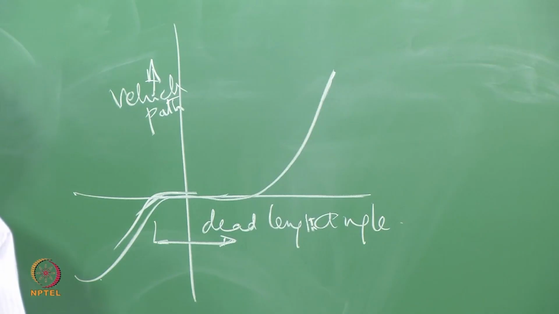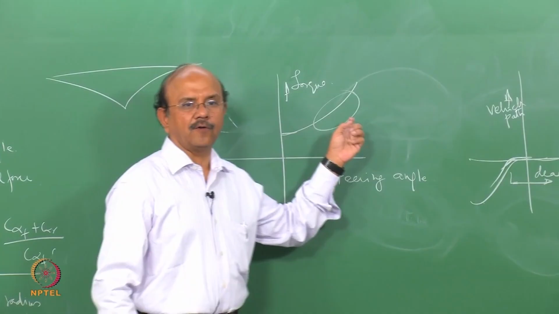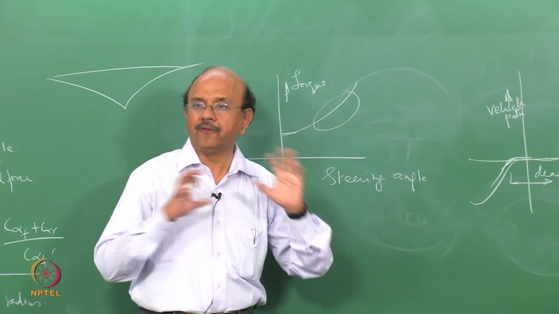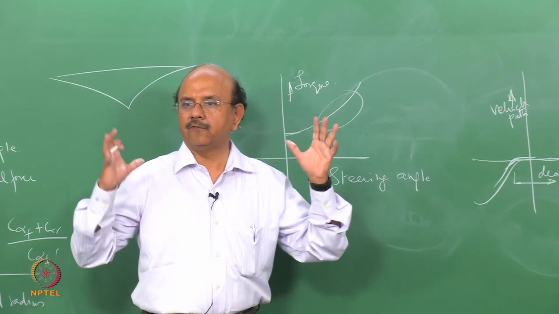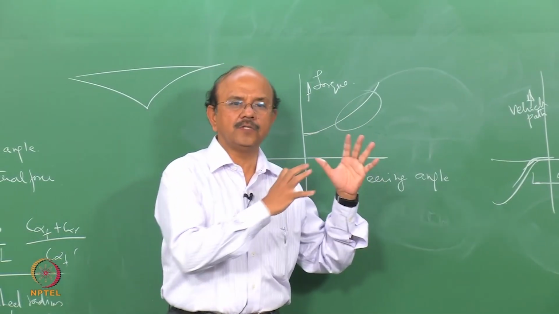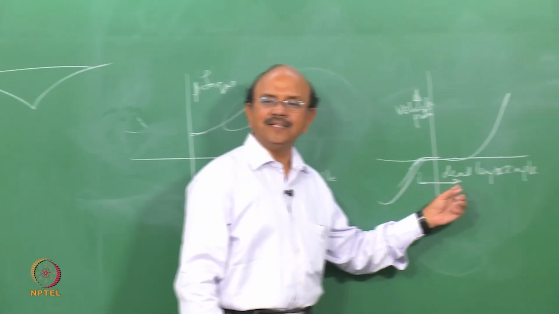Look at the subtlety. The friction is very important. A lot of friction and a lot of compliance, and my steering effort is going to get affected. After all, everything depends upon steering for the subjective ratings. In other words, the driver's feel all depends upon the steering. So this is called the dead length.